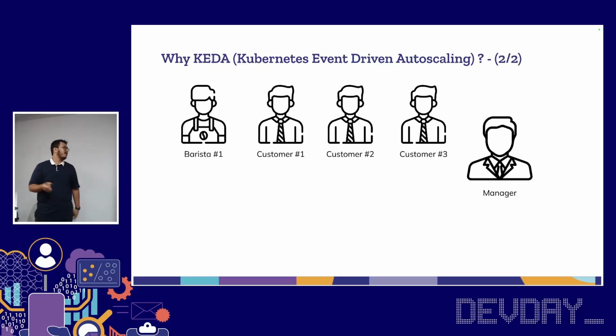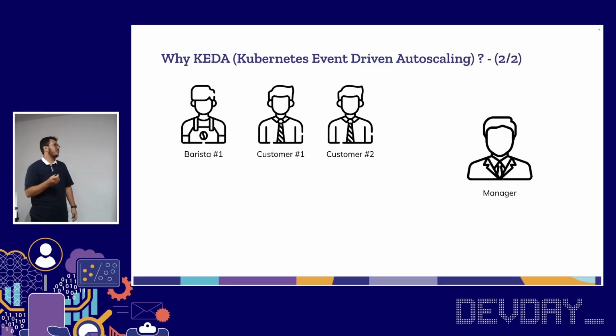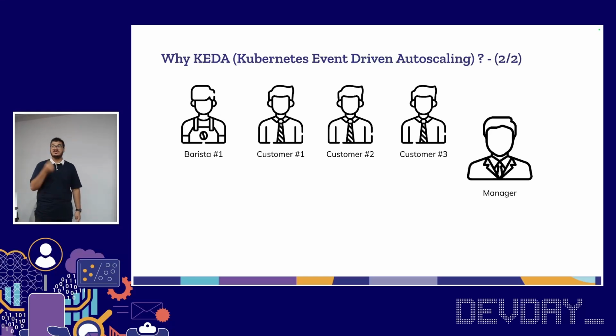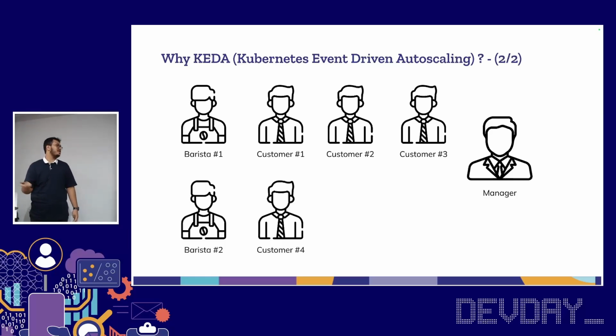In this case, the manager is looking at the number of customers as a metric. So there are 1 customer, 2 customers, and 3 customers. And he says that per barista, I want only 3 customers. So preemptively, once we get 3 customers for the first barista, he adds a new barista to meet the demand of more coffees. So this is what KEDA does.